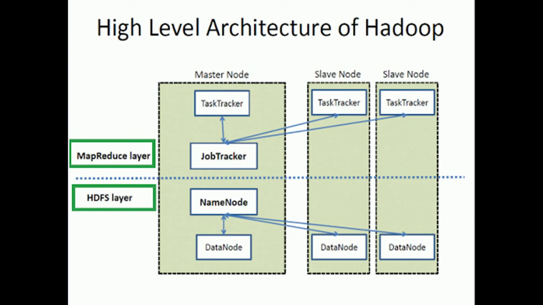The name node has meta information, or controlling information, about all the data nodes, and all data nodes hold huge data obtained through this HDFS file system. In MapReduce, the job tracker will allocate all operations to the task trackers, and again the task trackers work on the data nodes. So this is the high level architecture of Hadoop.